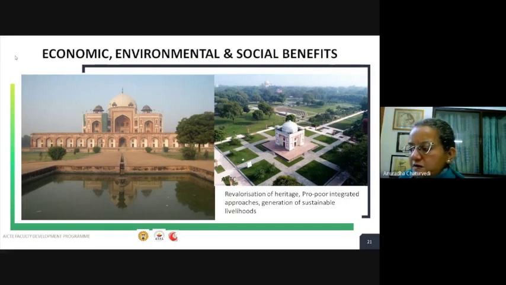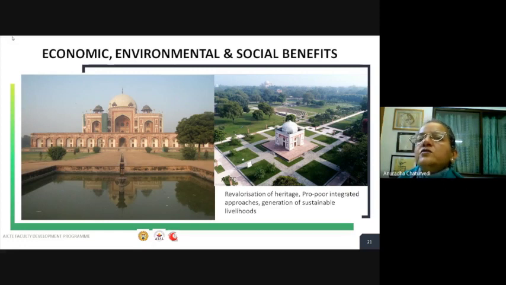So this was a developmental initiative which tried to link the nationally protected monumental complex of the Humayun's tomb, which is also a World Heritage Site, with the surrounding open space systems as well as the living community which inhabited the urban village known as Hazrat Nizamuddin.